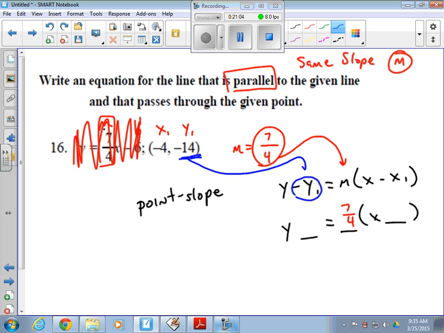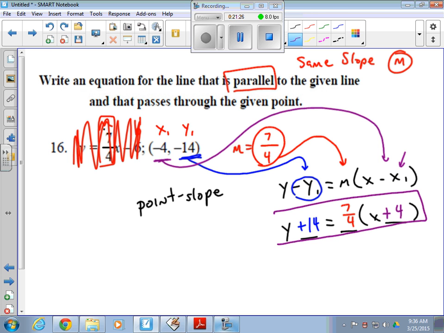In place of that, when it says negative 14, we're going to plug in the opposite, positive 14. This is where your x sub 1 value goes. Again, it says minus, so we're putting in the opposite of it right there. We're putting in positive 4. So y plus 14 equals 7 over 4 times x plus 4. And that is point slope form of a line parallel to the original equation.